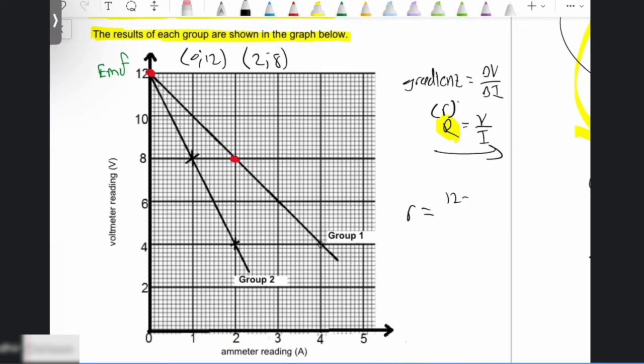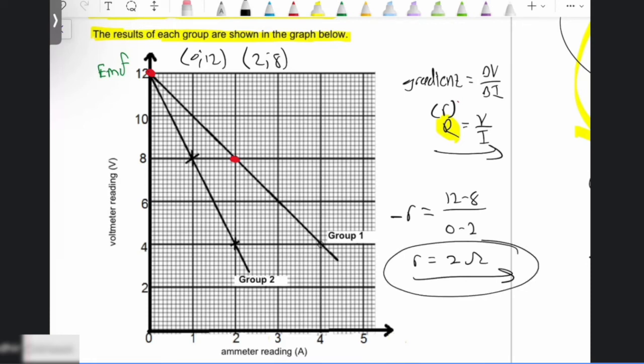So it's going to be 12 minus 8 all over 0 minus 2. That's minus 2, so our internal resistance is just 2 ohms, guys. I know it's a negative 2, but we just deal with it as 2 because the gradient is negative. Technically it would be minus r, and then eventually you'll get r equal to 2 ohms.